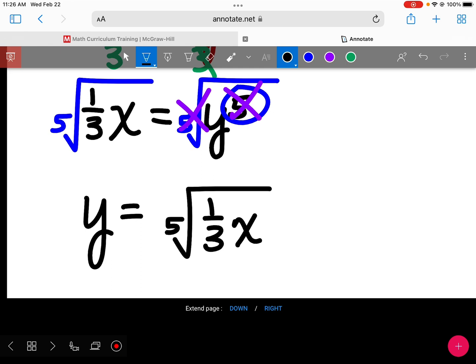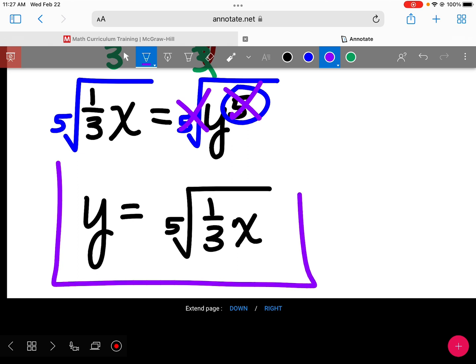What kind of root did we take? A square root. So the index was 2, which is an even number. What's my index over here? 5. Is 5 an even number? No. Then I don't have the plus minus. Plus minus is any time my index is an even number. If it's not an even number, then I don't need the plus minus.